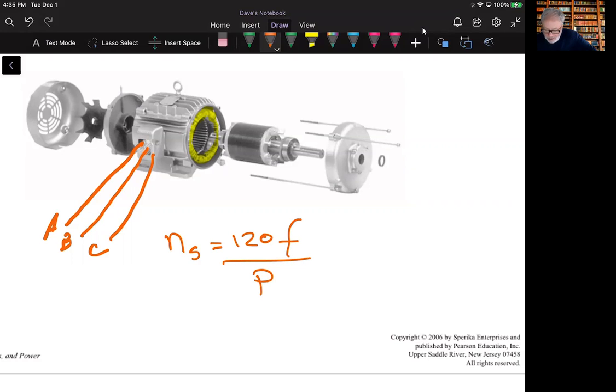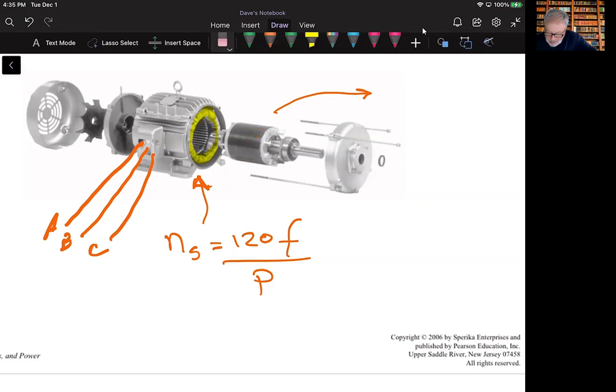What we want to do is quantify the difference, as a percentage, between the speed of this synchronous field and the actual speed of the rotor. They won't be the same. And as we learned, we have to have that difference between the rotor speed and the synchronous speed to be able to develop a voltage.